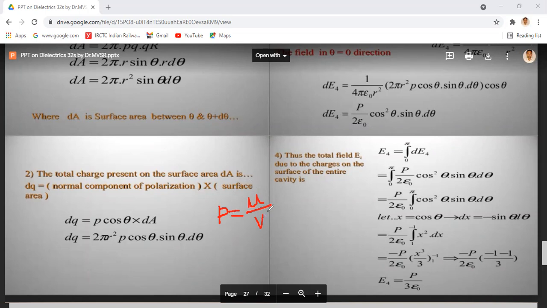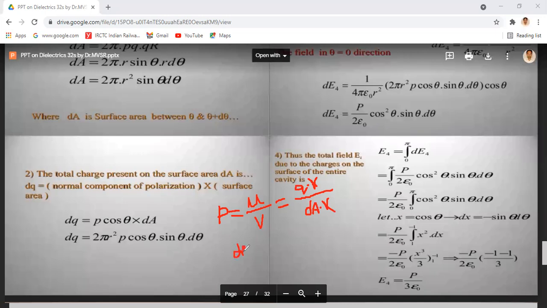The value of mu is the charge Q into the distance between the charges, Q into R. The volume is the small surface area dA into the radius. So R cancels.